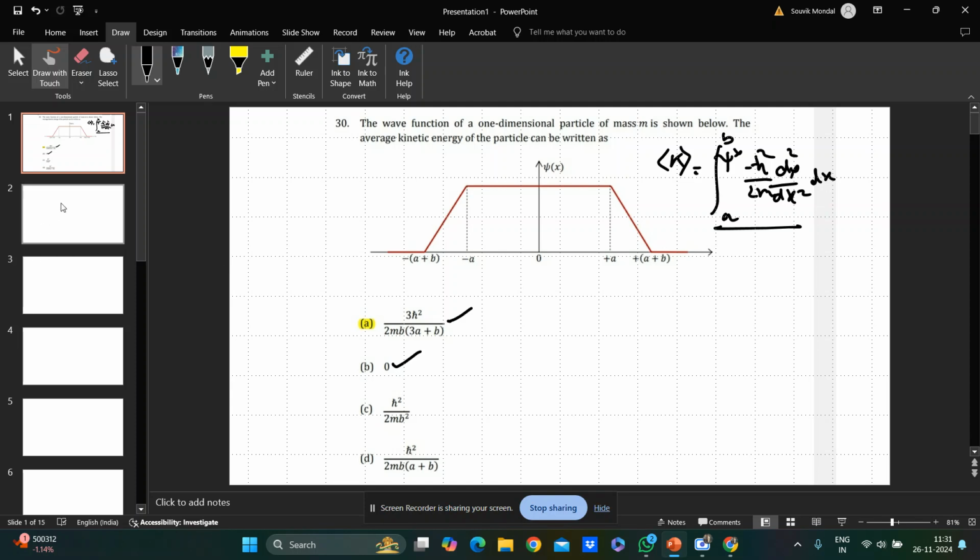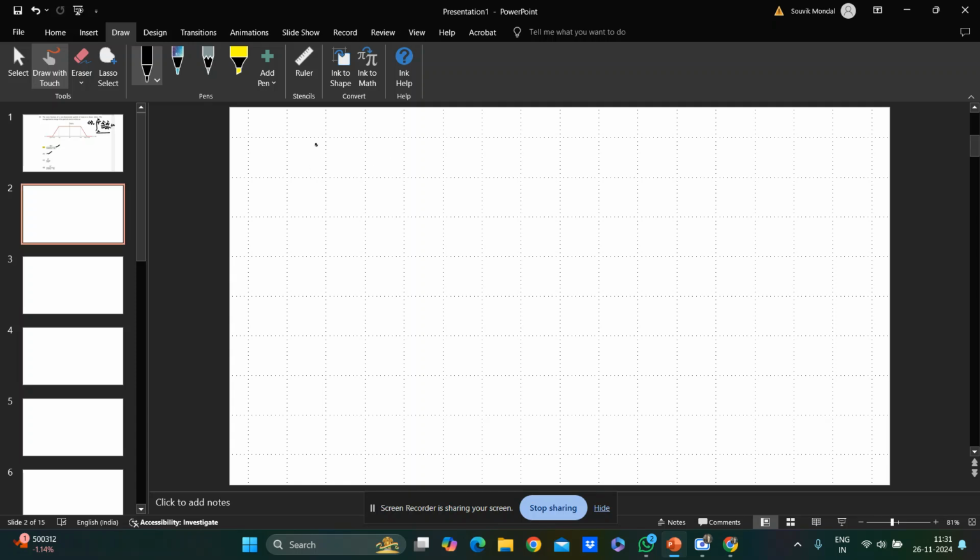Okay. The thing is that you know average kinetic energy is psi star, and there is minus h cut square by 2m, and that is d2 phi dx2, dx, with suitable limit a to b.